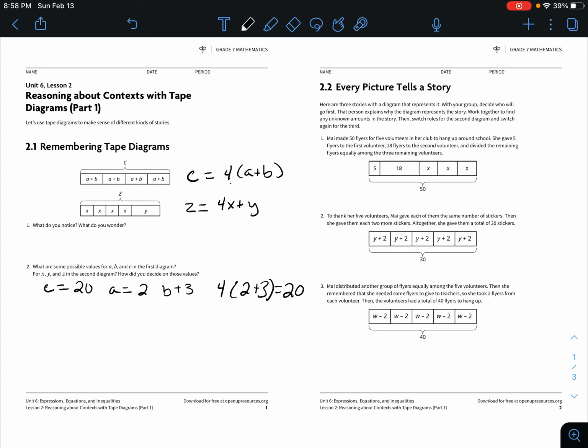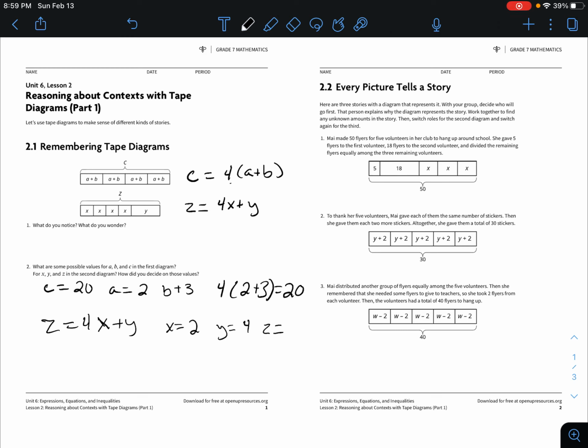Okay, then for X, Y, and Z. So Z is equal to 4x plus y. And so let's just say if X equals 2 and Y equals 4, then Z will equal. Once again, we're just plugging the values that I gave into the equation.